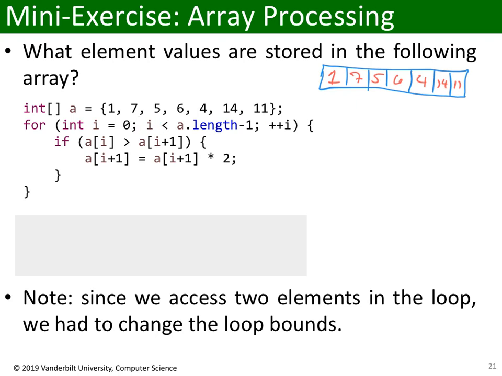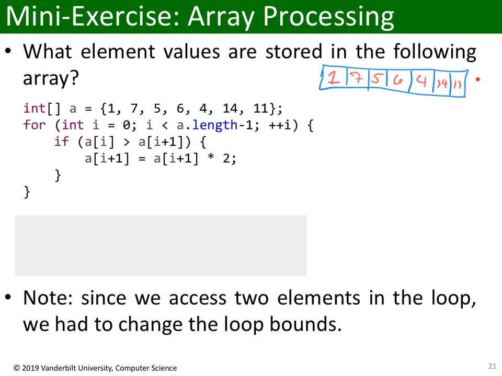So if we're going to do that, we have to decrement our test, because if we were to allow this loop to process all the way to I less than a dot length, then when I took on the value 6, inside this loop we would attempt to access 6 plus 1, which is 7.